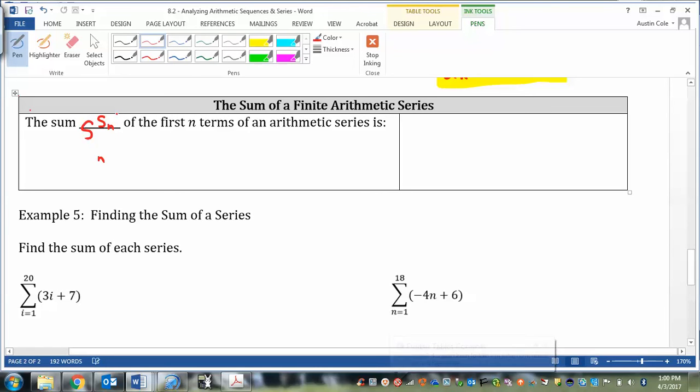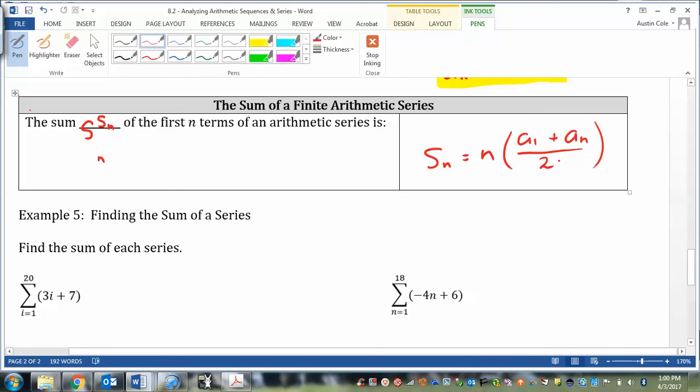Here's our formula. The sum equals n times a sub 1, which is the first number in our series, plus a sub n, which is the last term in our series, divided by 2.